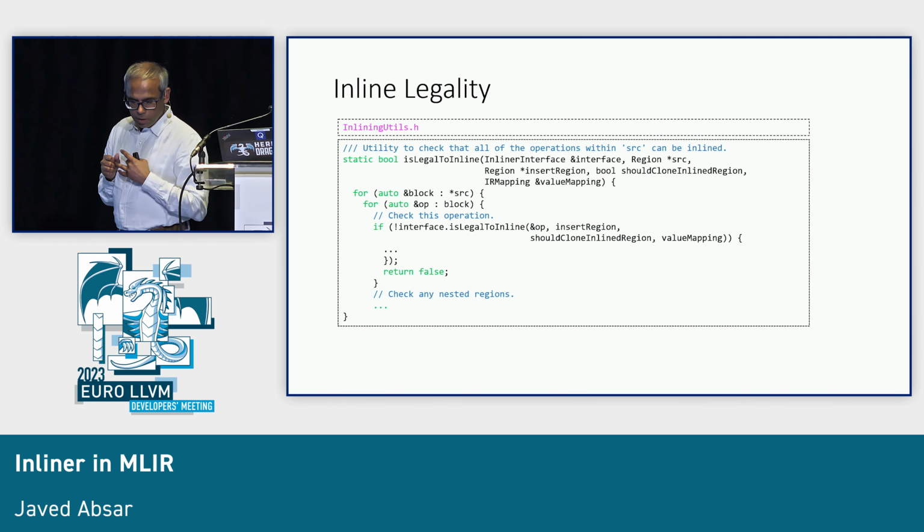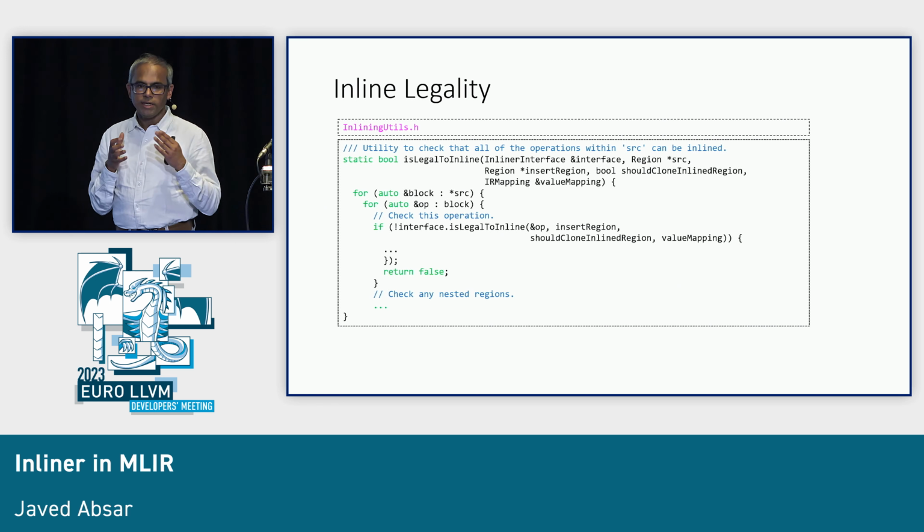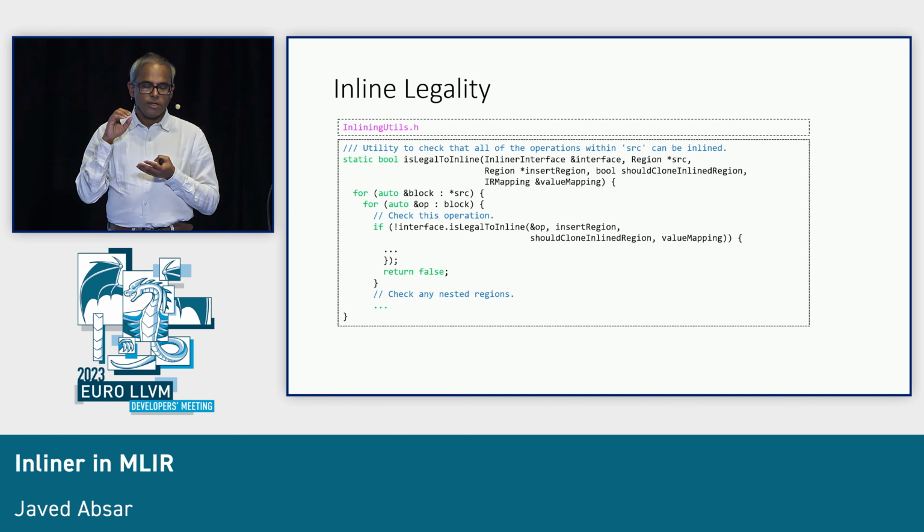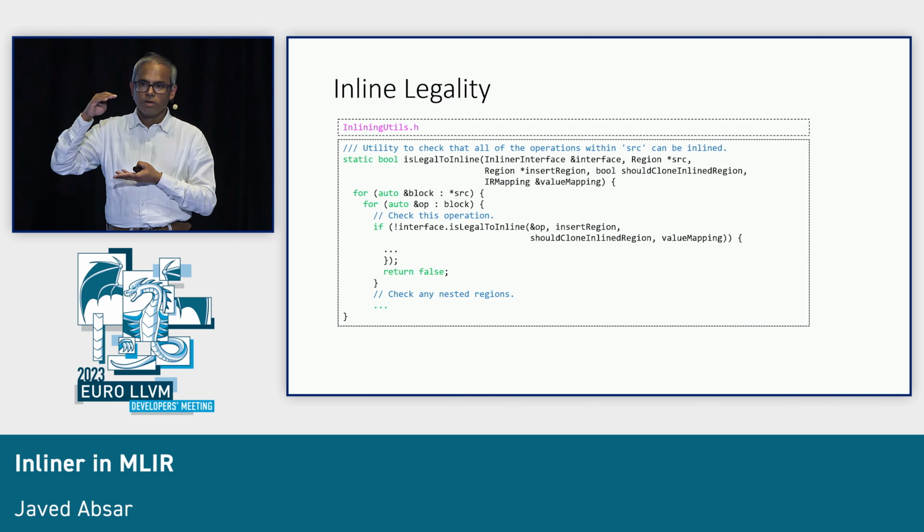OK, I want to talk a little about this legal-to-inline check. Here is how it works. You've got the inlining transform, the inlining algorithm that's running, and it walks through your ops. Your IR has ops from different dialects. In the first example we saw, you've got the func foo, and inside that you've got the affine.for. So it walks through, and for every op it probes and calls the handler.